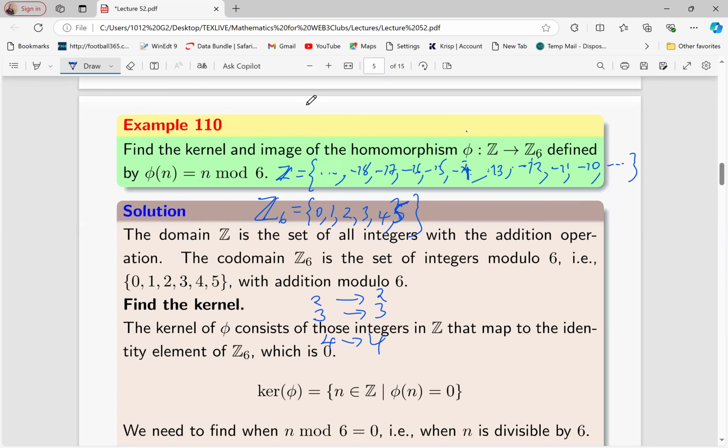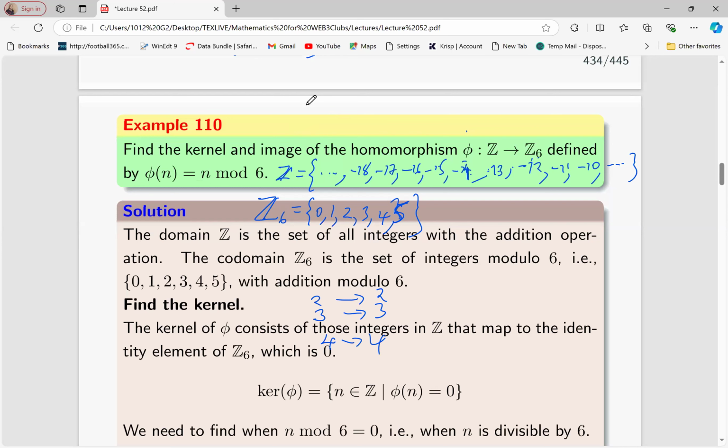I just want to discuss so that we'll see. You see these numbers continue. So when we reach 0, we know that 0 will be mapped to 0. We know that 1 will be mapped to 1, 2 to 2, 3 to 3, 4 to 4, and 5 to 5.